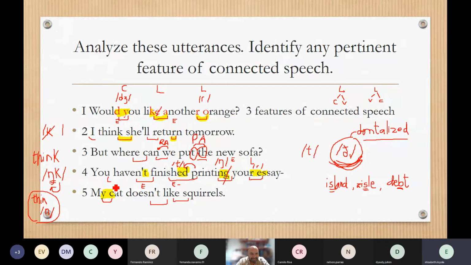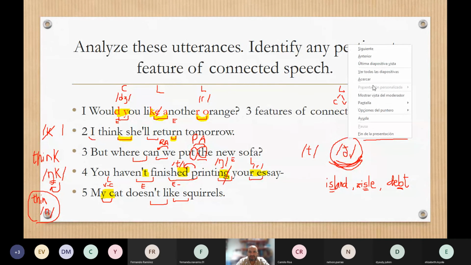Probably it's a linking, right? A linking from vowel I to consonant, right? Vowel to consonant. My cat doesn't like squirrels. Doesn't like. What do you think? I think we have covered that one, right, before?